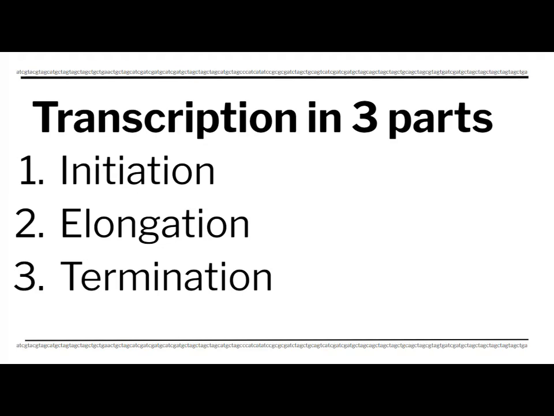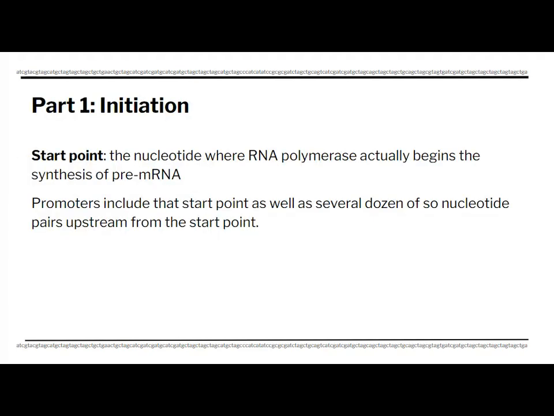Start, make it, stop it, essentially. These steps will be the headings for the next 3 slides, so don't worry too much about getting them down. So, transcription in 3 parts, starting with initiation.